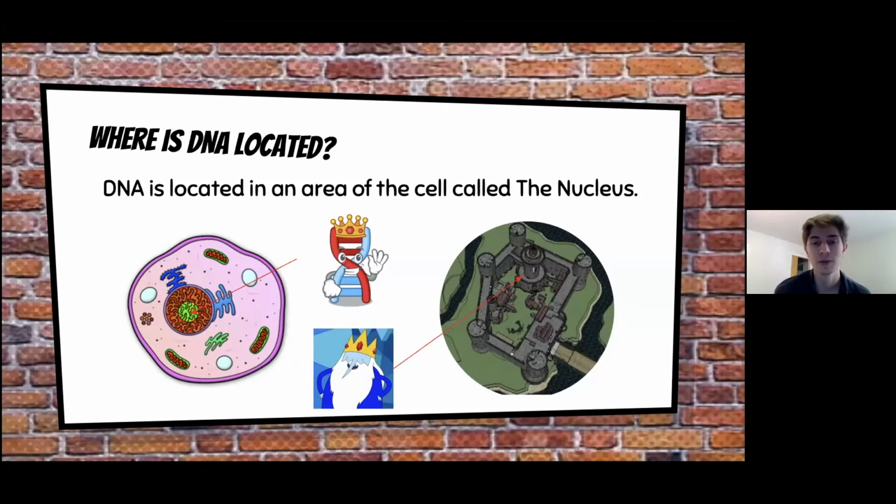So if we want to access the DNA, we have to break down the walls of the castle. Around a cell, there is a membrane, and it's formed with fats. The soap that we add helps to break down that fat, much like the soap you add to a pan when you scrub a greasy pan. So the soap that we're adding right now is going to help dissolve the membrane around a cell and allow us to access that DNA.